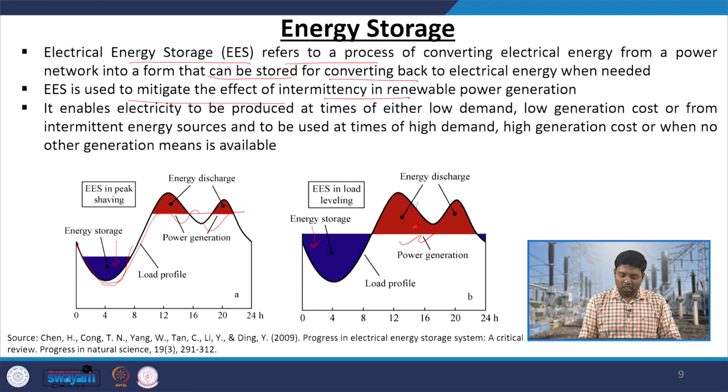Similarly, if you discharge at the peak time, that will cater to the peak and you need not ramp up your generator. So, you can run your power generation at a constant value. So, first benefit, you will get an almost flat load profile, and second, you will have a constant generation rather than stressing your dispatchable generator by doing multiple ramp ups and ramp downs.